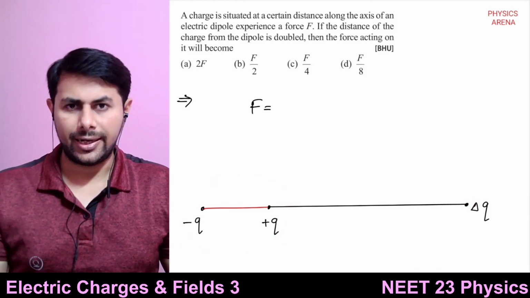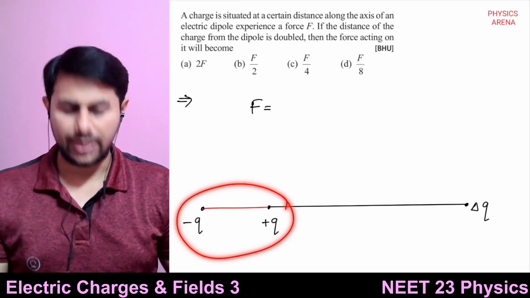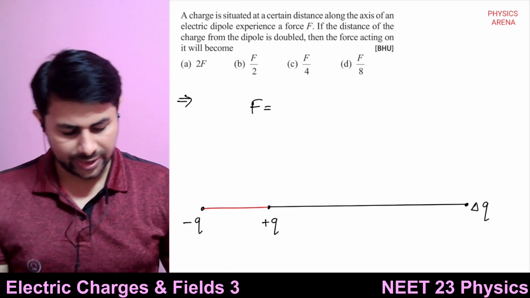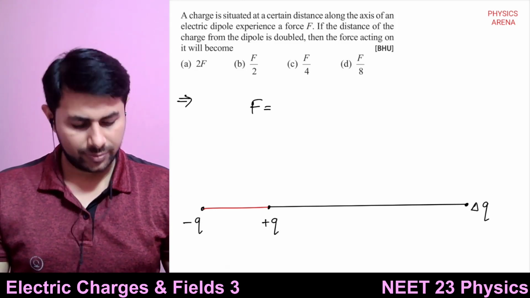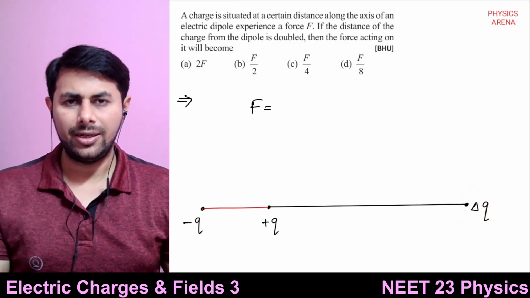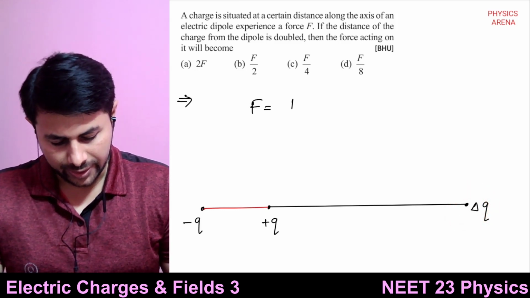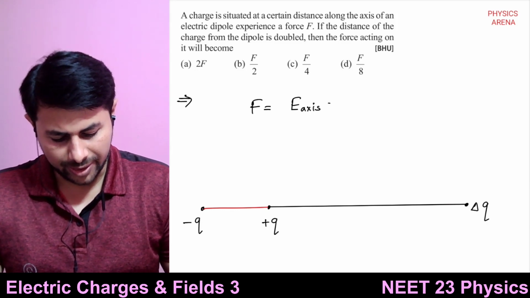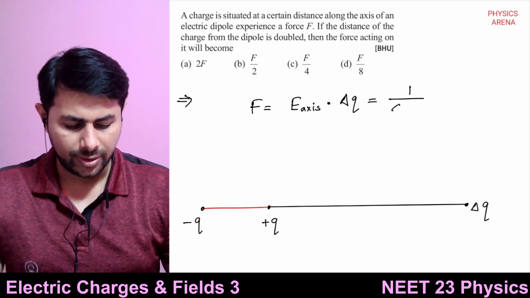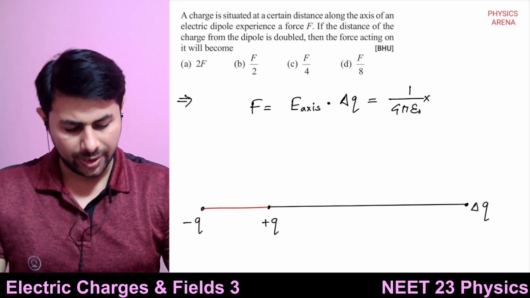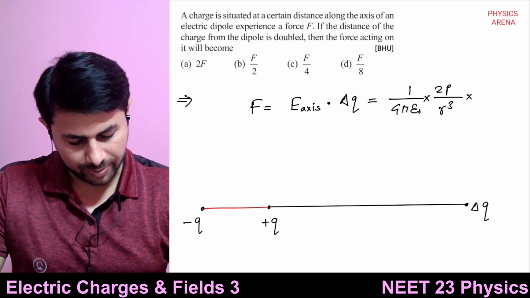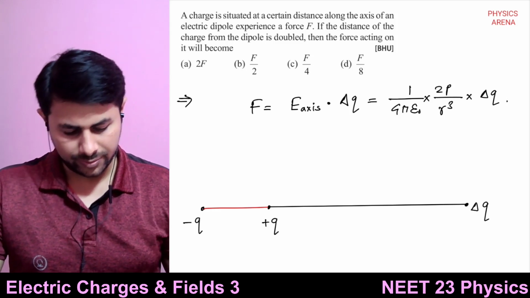So electric field is E axial. Okay. So electric field due to dipole at this point is E axis. How much would be the force acting on delta Q? It is the charge multiplied by electric field. Okay. So it is E axis multiplied by delta Q, which is equal to 1 upon 4 pi epsilon naught multiplied by 2p upon r cube multiplied by delta Q, right?